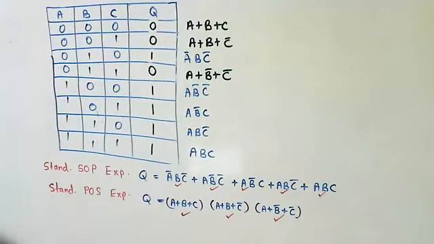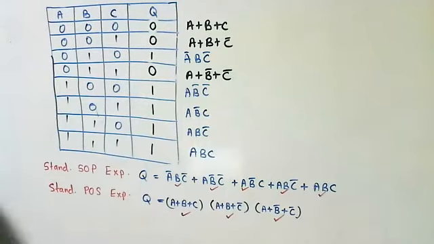So likewise, we can get the standard SOP expression and standard POS expression by using a truth table. We can get these two standard expressions, so we can even call them canonical expressions, right?